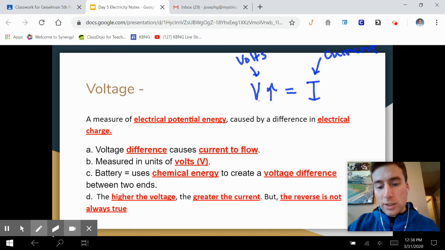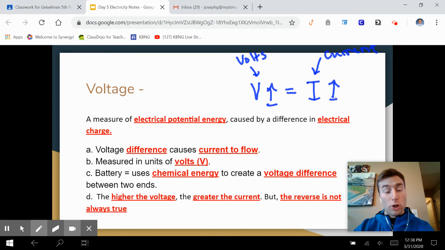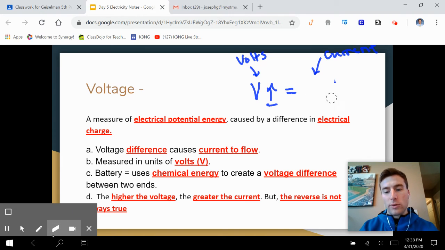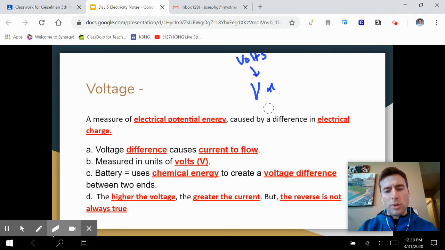So as V goes up, I also goes up, or current also goes up. But if current goes up, voltage doesn't always go up, and we'll explain why that is here in a sec.